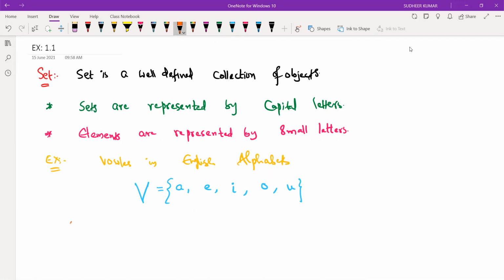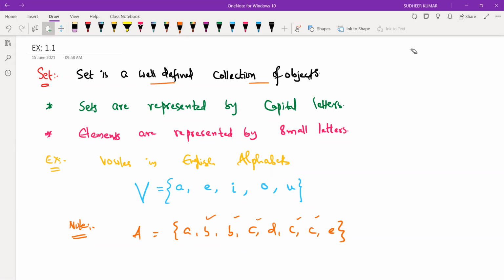So there is a note. Suppose while writing the sets, we take a set A, B, B, C, D, C, C, E. If the elements are repeated, distinct elements only, because a set is a well-defined collection of objects, right?